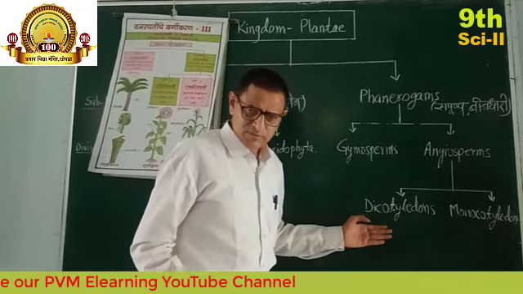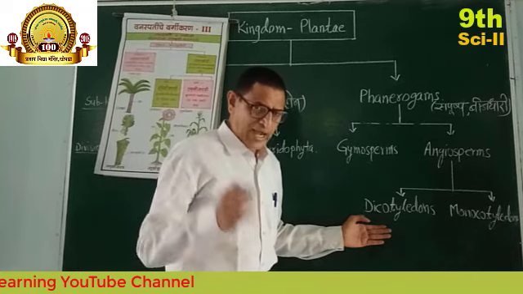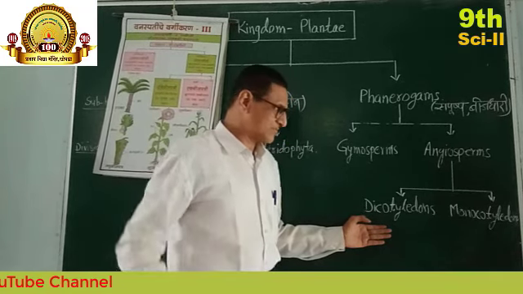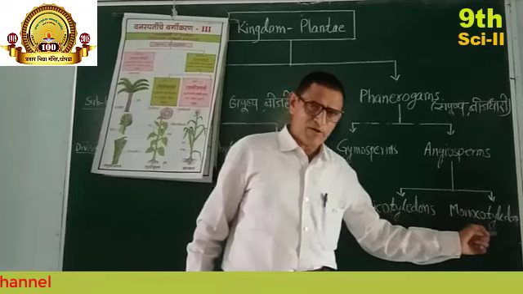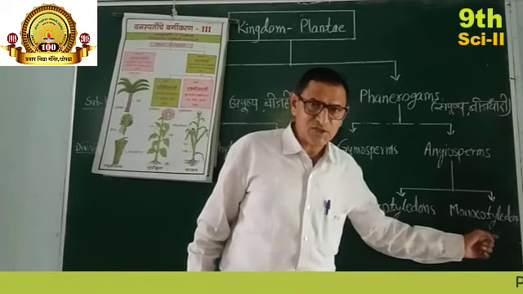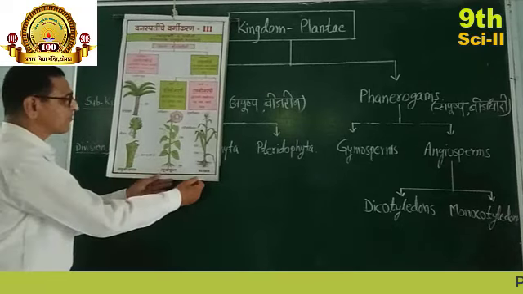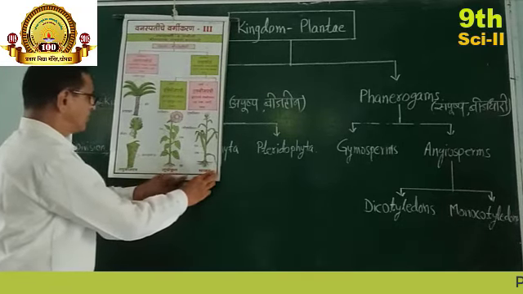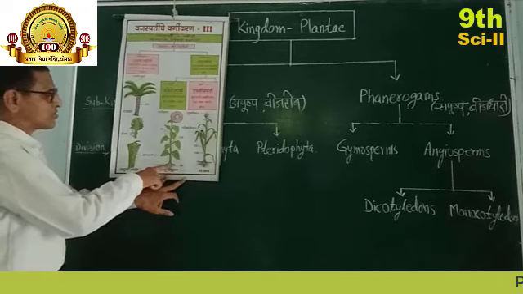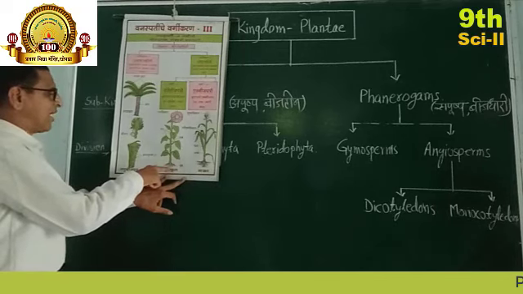In dicotyledon, taproot system is present. In monocotyledon plants, adventitious root system is present. In the figure, you can see here. Taproot system, main root is here and it has the subroots.